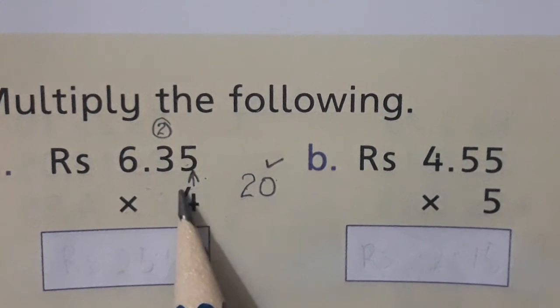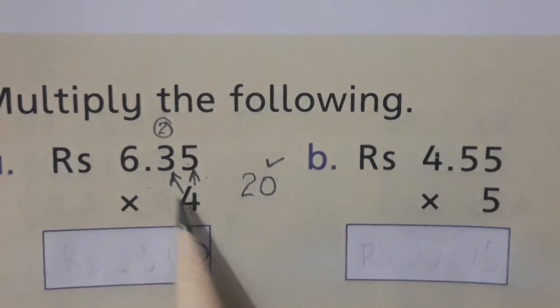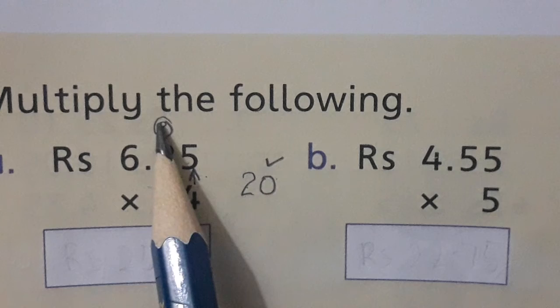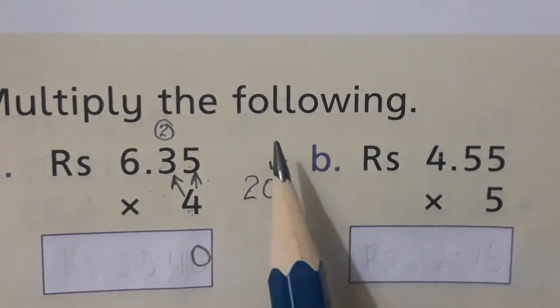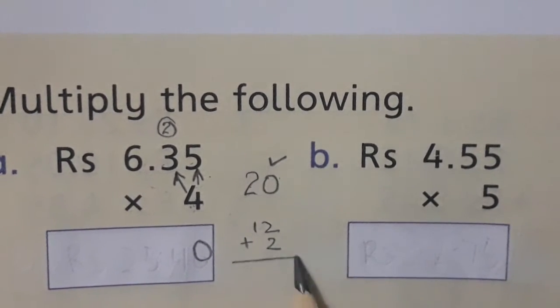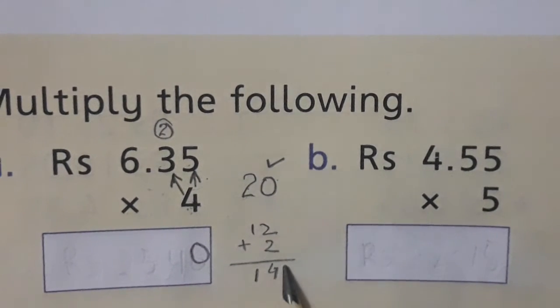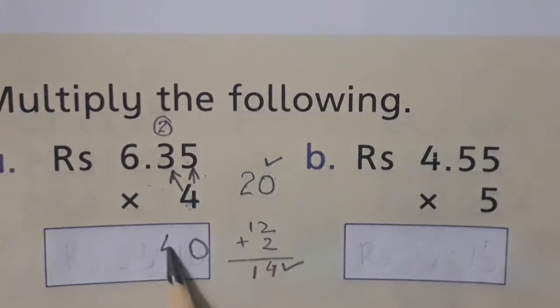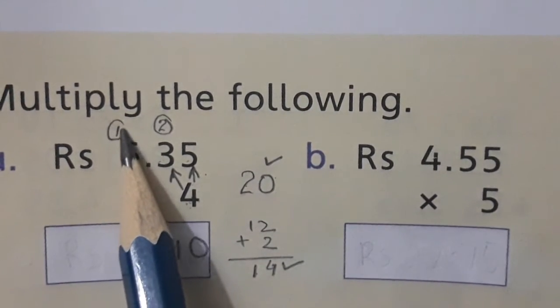Okay, and now we will move to the next number. 4 threes are 12. 12 plus 2, how many? Just count on your fingers. 12 plus 2 is 14. So here again we will choose the right digit 4, and the left digit 1 will move on to the left side number.